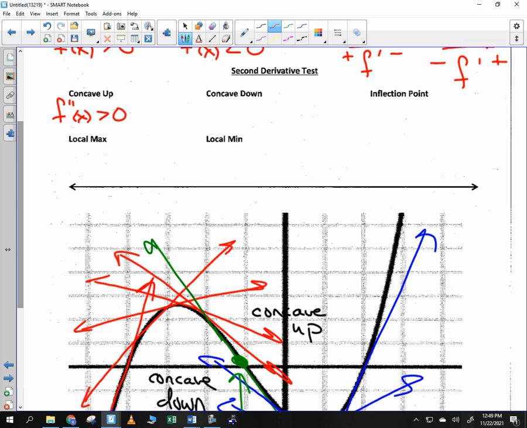It holds water, okay? It's concave down whenever f double prime of x is less than 0. A point of inflection occurs when f double prime changes from positive to negative, or f double prime changes from negative to positive. If f double prime ever changes sign, that would be a point of inflection, we call.